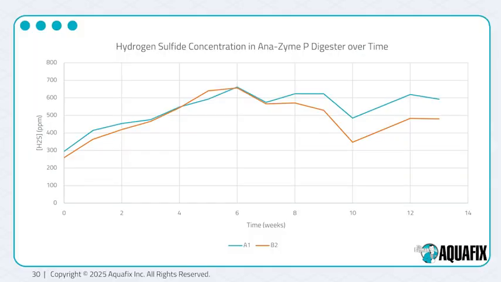However, when we contrast that with Enzyme P in our two Enzyme P digesters, which are A1 and B2, we can see the sulfides increased for the first 6 weeks, just like the other digesters, but when we started adding Enzyme P to the system, we noticed the slope reversed, and the hydrogen sulfide concentrations were going somewhat consistently downward throughout the rest of the study.